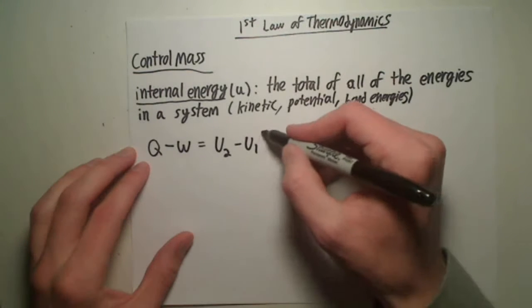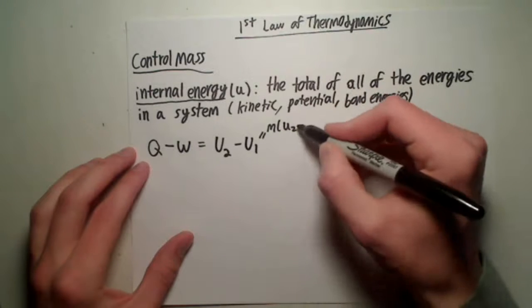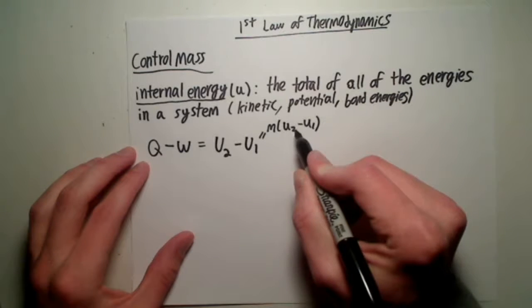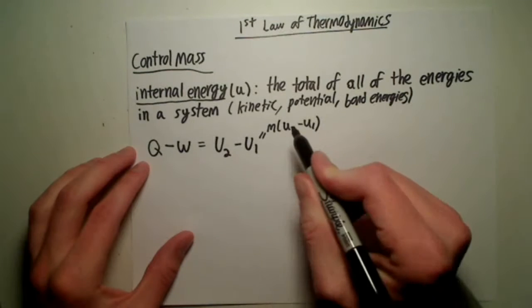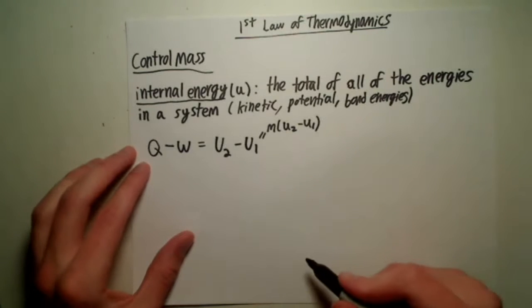This also equals the mass times the specific internal energy of 2 minus specific internal energy of 1. The only difference between specific internal energy and internal energy is that this is just internal energy per kilogram, and this is the internal energy.